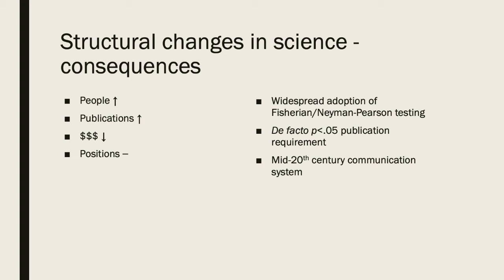On top of all this, in the same kind of time period, there's been this widespread adoption of Fisherian or Neyman-Pearson kind of hypothesis testing, with a de facto requirement that you have to get p-values less than 0.05 in order to publish your work. And we are stuck with this communication system that was developed in the mid-20th century.